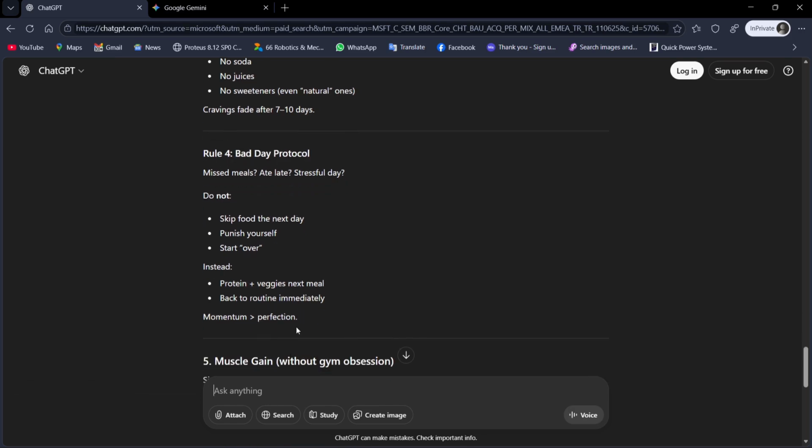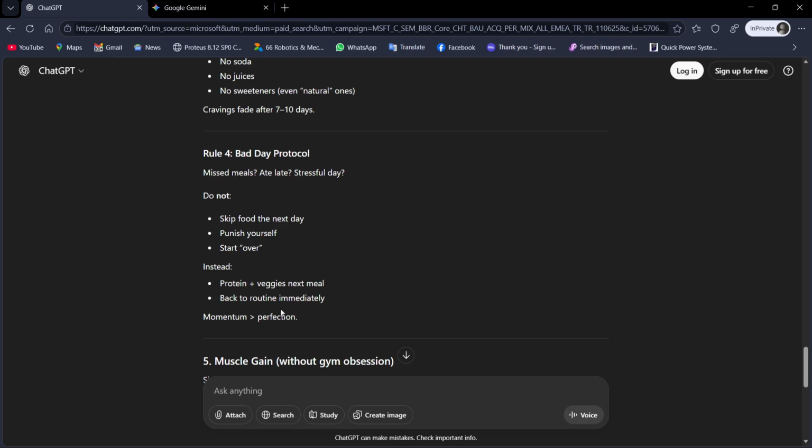So it's basically saying if maybe you skip a meal or you overate on the previous day, what you should not do is skip food the next day. You should not, for example, skip breakfast or skip lunch the next day. You should not punish yourself, and you should not stop and then start over.